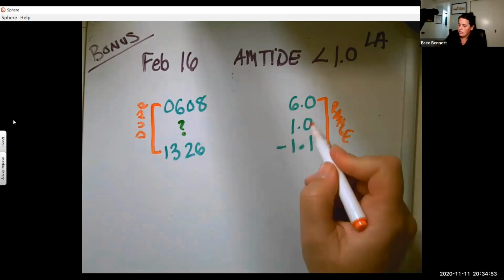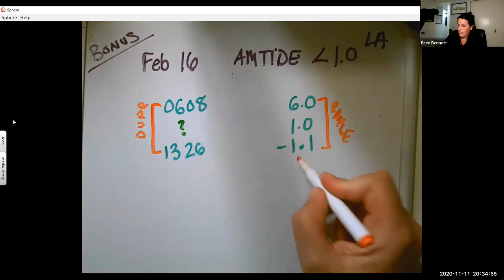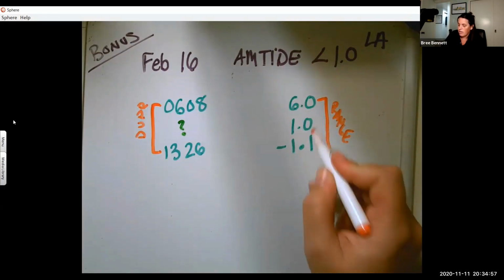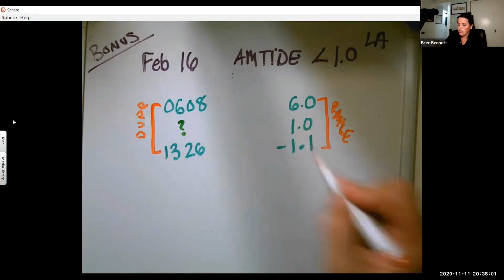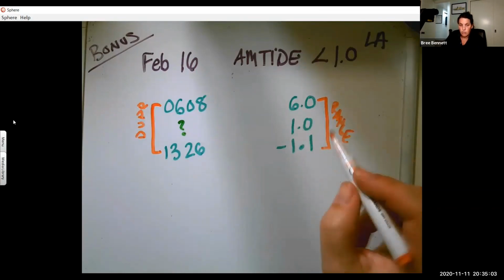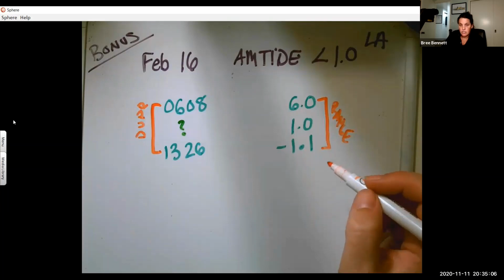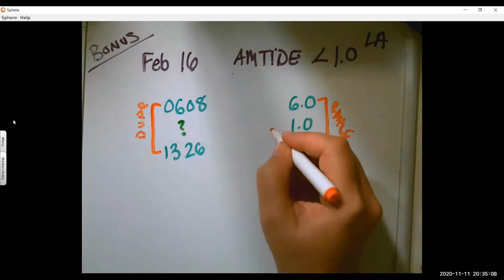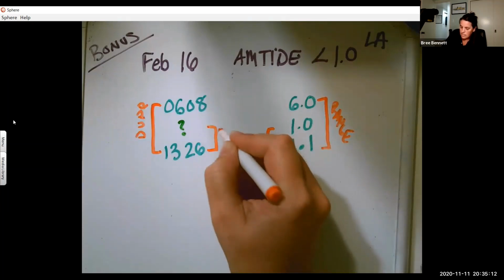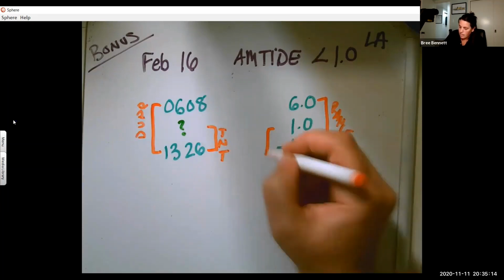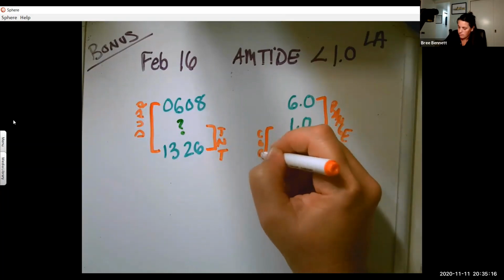So I have 6 and I have negative 1.1 and I'm looking for the 1. So is my 1 foot closer to high water or low water? Low water. So that is where I'm going to be getting my TNT and my correction.